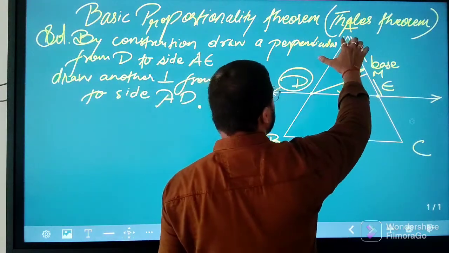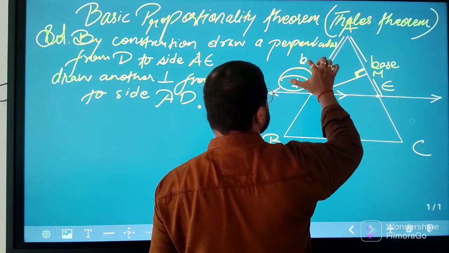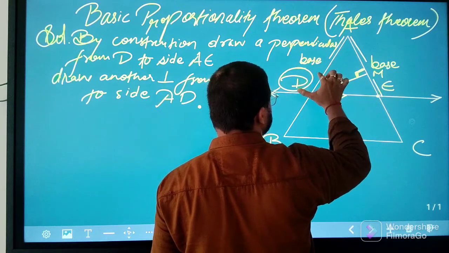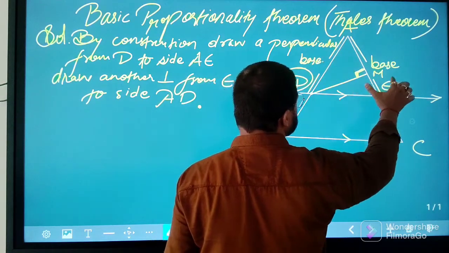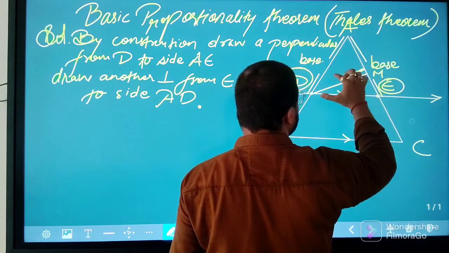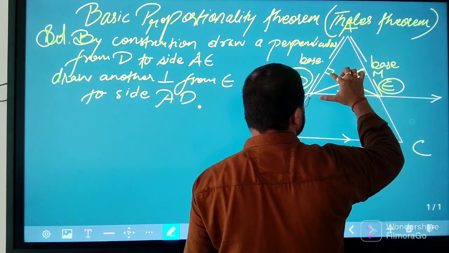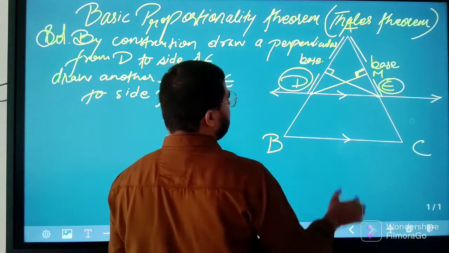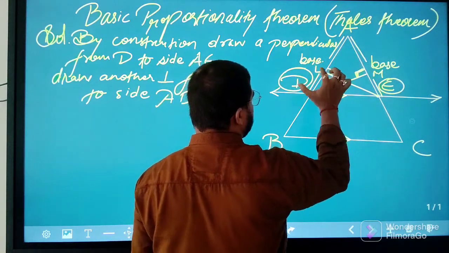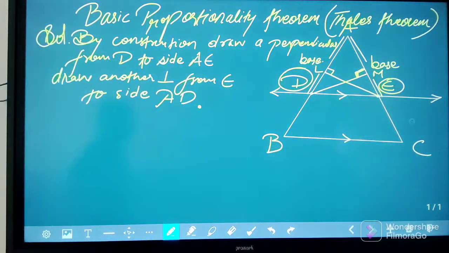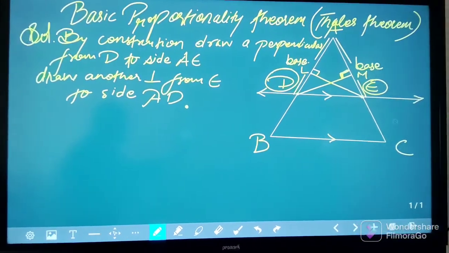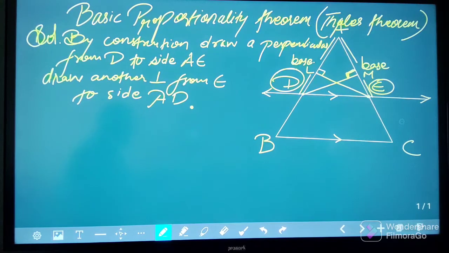So if AD is going to act as a base, so the opposite vertex is E. From here we will draw a perpendicular. So that's the perpendicular, and let us name this perpendicular as EL, right?